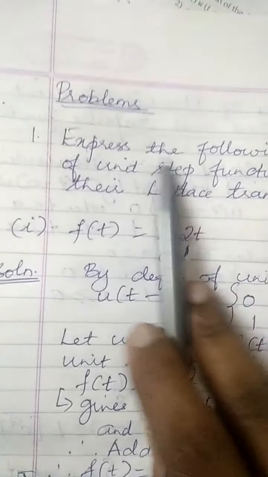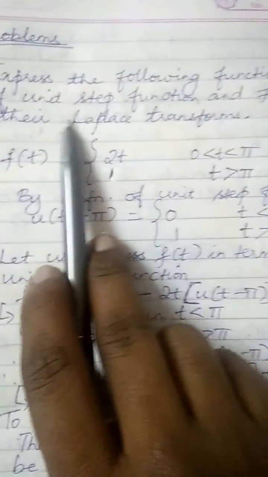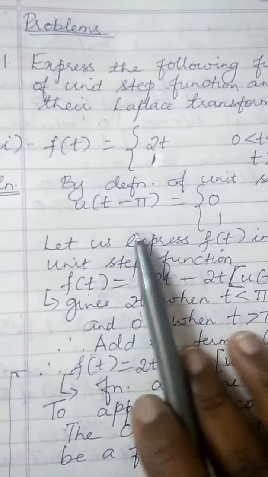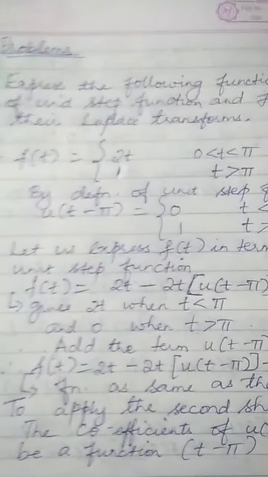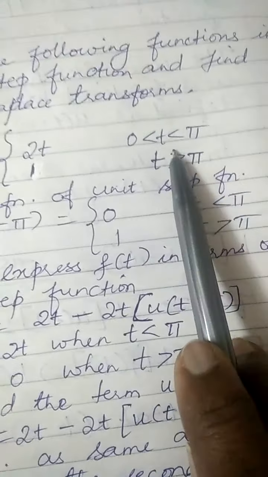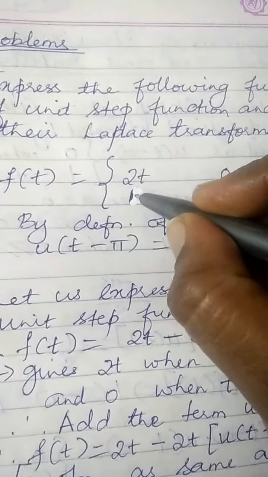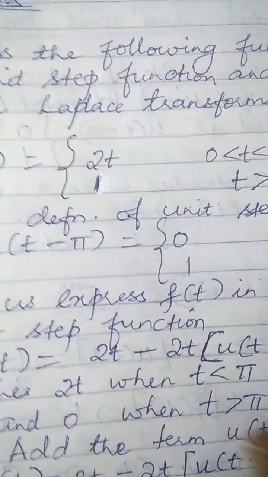Problems: express the following functions in terms of unit step function and find their Laplace transforms. So the first question is f of t equal to 2t for t varying from 0 to pi and 1 for t greater than pi.